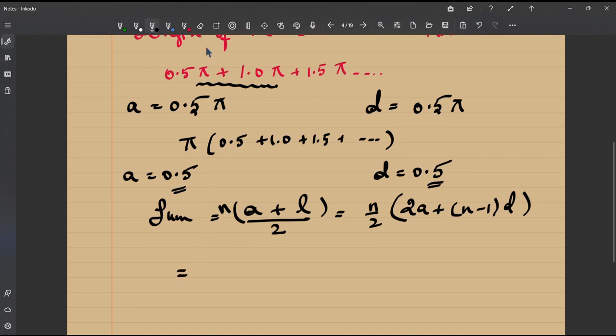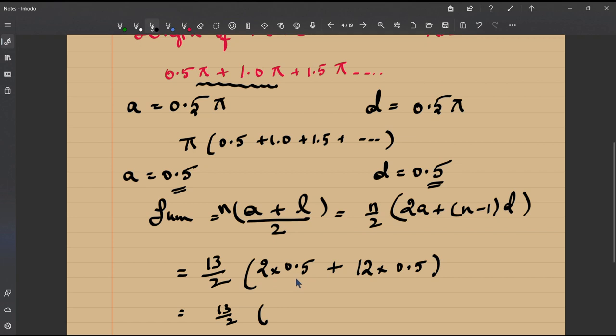So this is equal to 13 by 2 multiplied by 2 into 0.5 plus n minus 1, which is 12, right? 13 minus 1. 12 into 0.5, which is equal to 13 by 2 into 2 times half is 1 plus 12 times half is 6. 0.5 is half. So 12 times half is 6. Just pause and try to multiply in case you are finding this step difficult. So now this simplifies to 13 by 2 multiplied by 7.